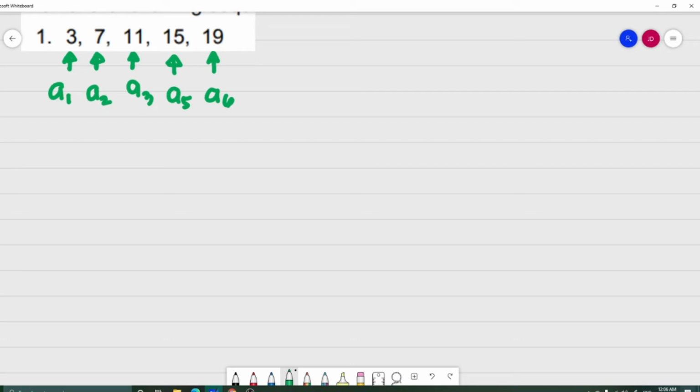Okay. So, para makabalo ta kung unsa ang iyahang common is if it is common difference or common ratio, what we do is we test. Let's test for D. D is common difference.